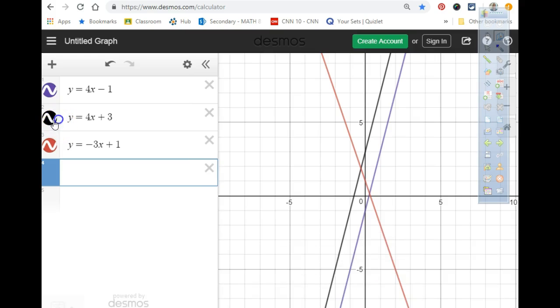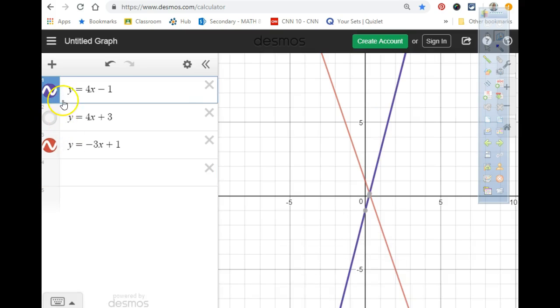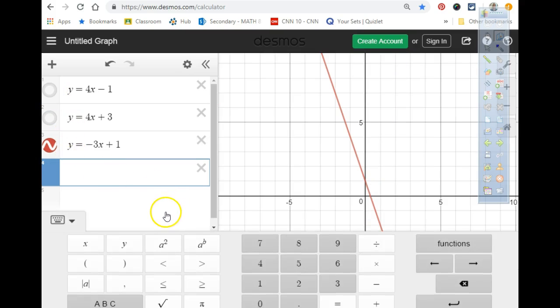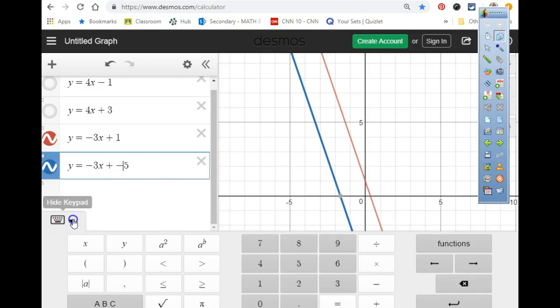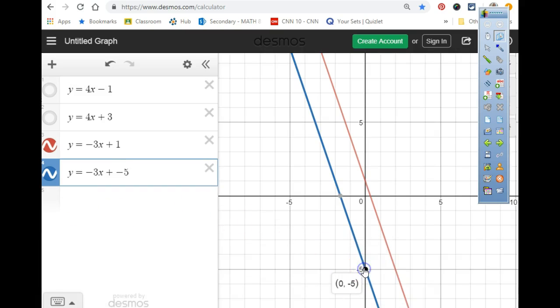And if we graph that second one, it said -5. So y equals -3x, and then we are putting in plus, or it was plus a -5, right? -5. So you can see how that's kind of moving your graph in that it moves the starting point, but they are still parallel lines.